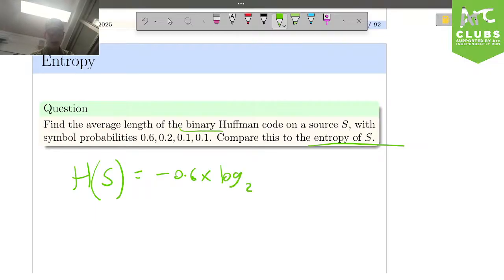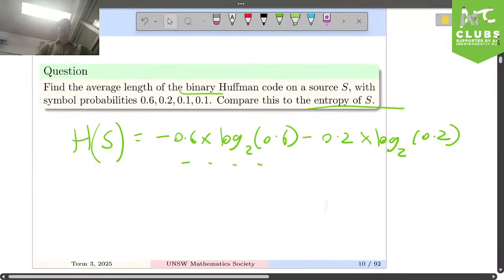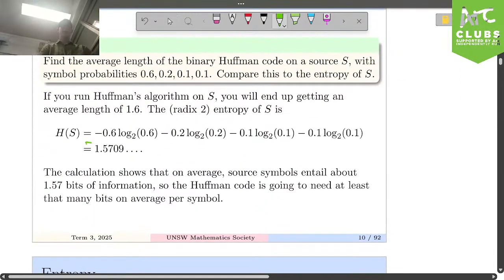Binary, so base 2, 0.6, minus 0.2 times log base 2 of 0.2, and minus dot dot dot. You can see the pattern developing. So if we plug that in and continue doing that, we would get the value of 1.57.